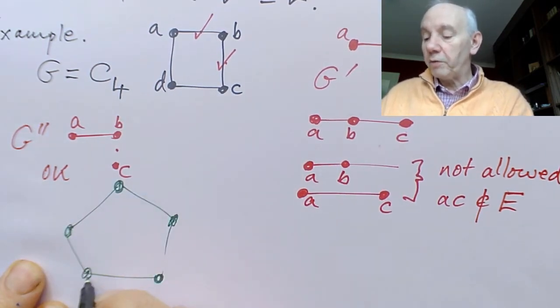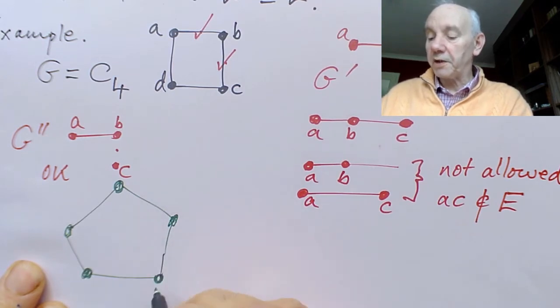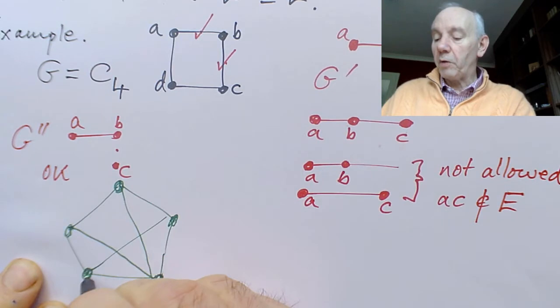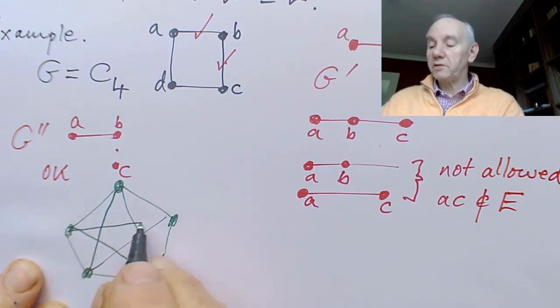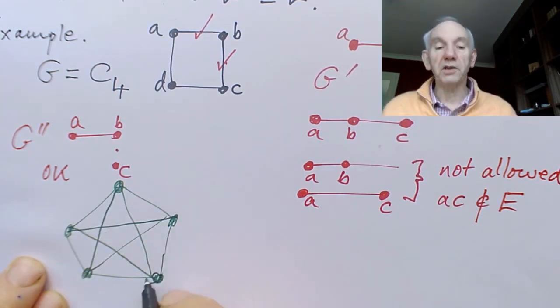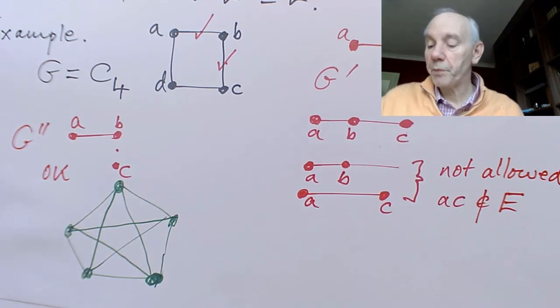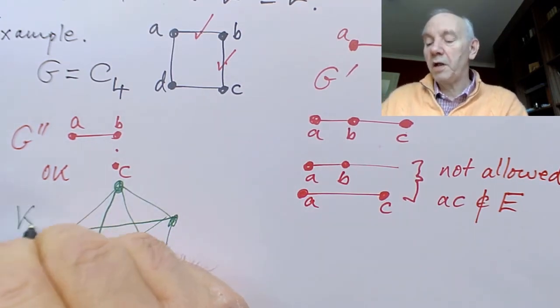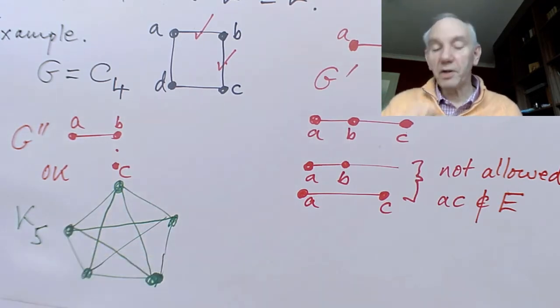And we need all possible edges joining any pair of vertices.